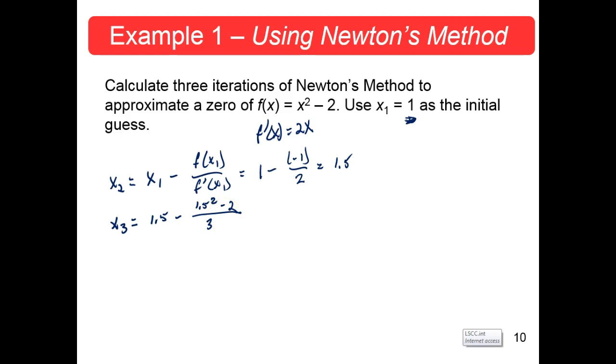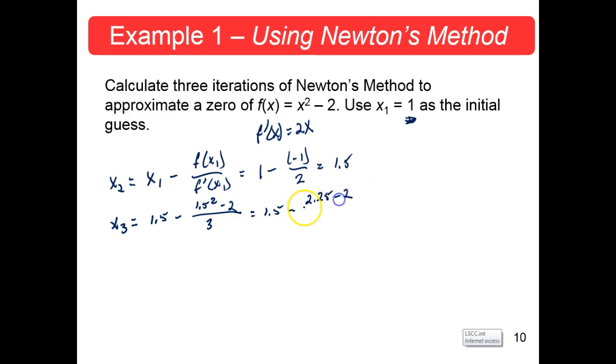This is Newton's method. We're in Chapter 3, Applications of Differentiation, 3.8, Newton's method, on page 230. This is example 1. Okay? So let's see. Okay, so this will be 1.5 minus, and 1.5 squared I believe is 2.25, isn't it?